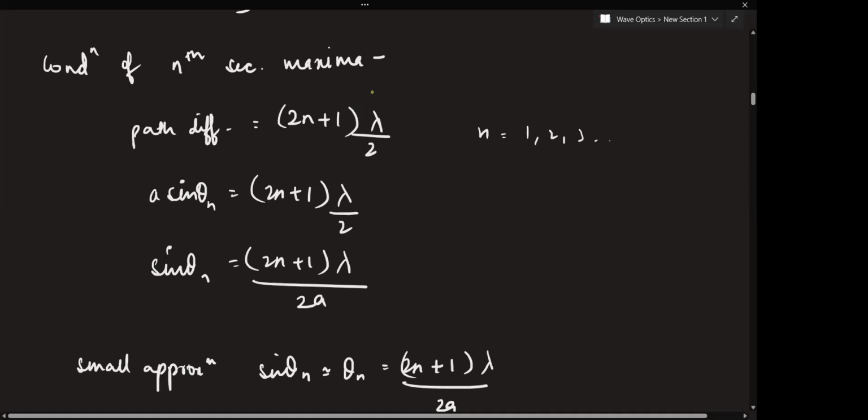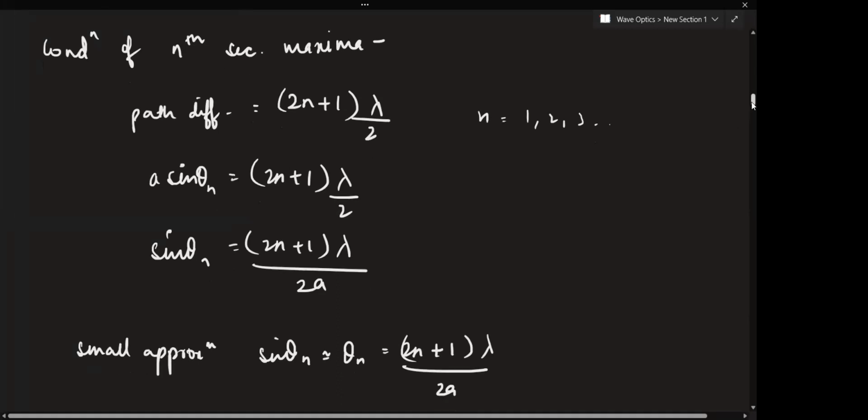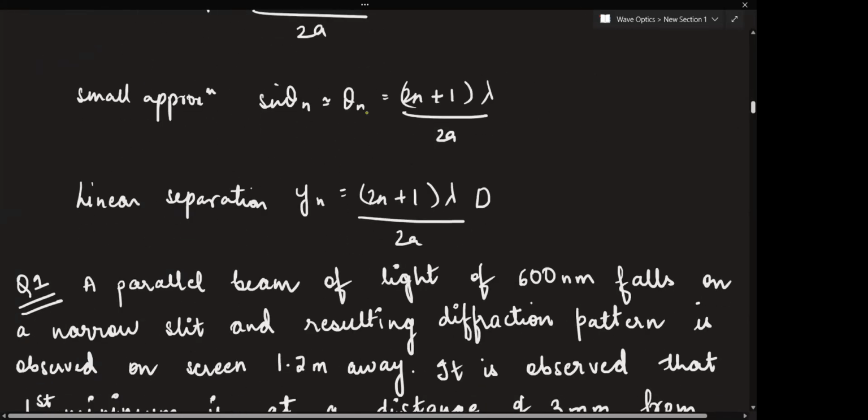In case of nth secondary maximum, the path difference was (2n plus 1) lambda by 2. So on applying small angle approximation, the angular separation came out to be (2n plus 1) lambda by 2A. And the linear separation means this only.